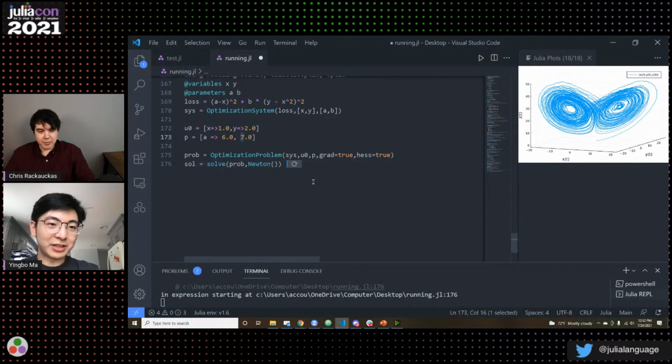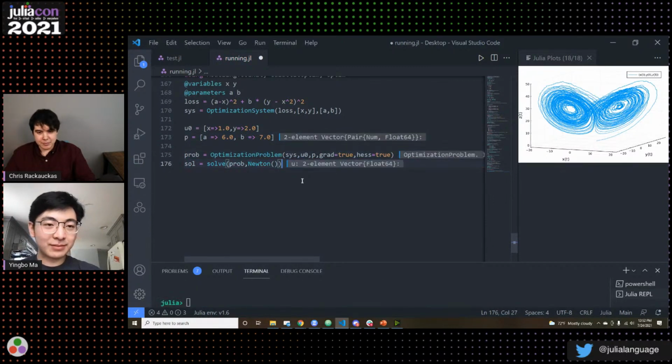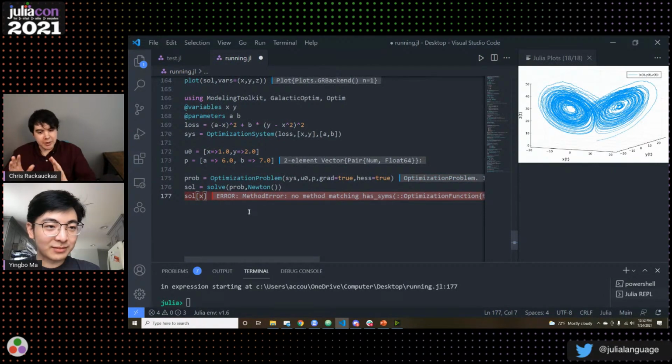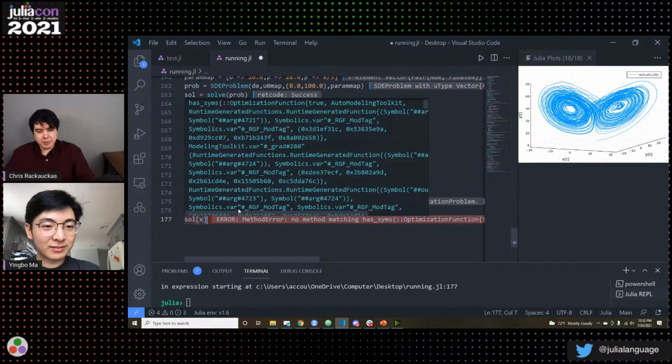Oops, there's a typo in the comment. Yep. Right, and then it tells you the solution here. I think the symbolic indexing should be good here. We haven't set it up on the optimization function. So yeah, the optimization one definitely needs a little bit of work.